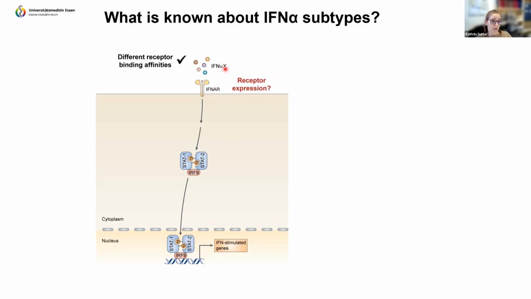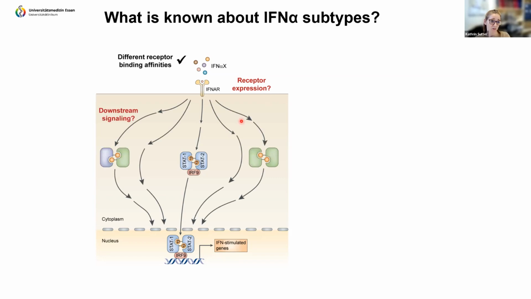So the expression might be influenced by any inflammation or virus. We have looked in HIV infection. There is no effect on the receptor expression, but the receptor is differently expressed in a B cell, an NK cell or a T cell. Especially on B cells, there's a lot of the receptor on the surface, whereas on T cells, it's much lower.